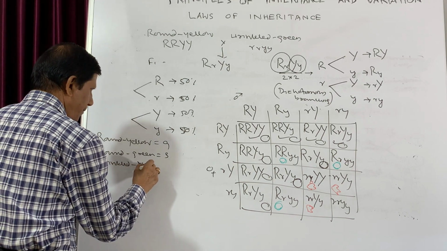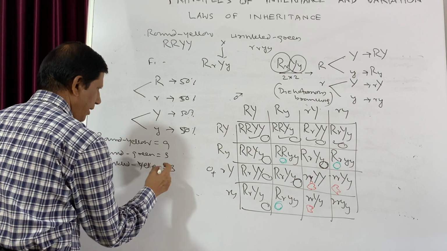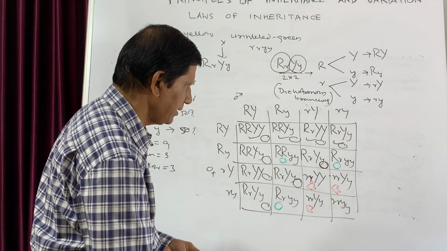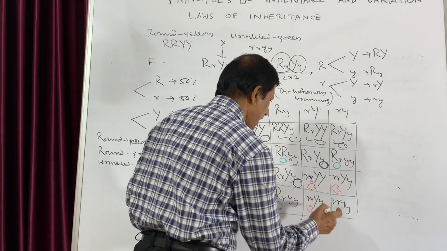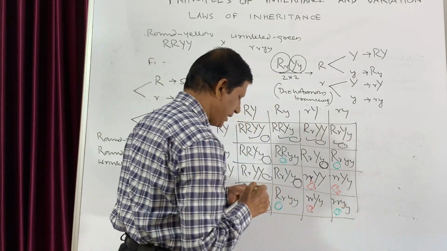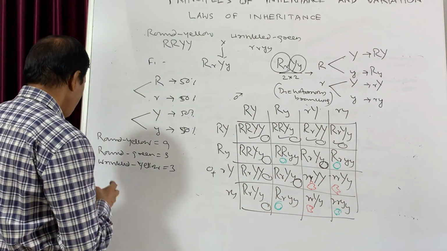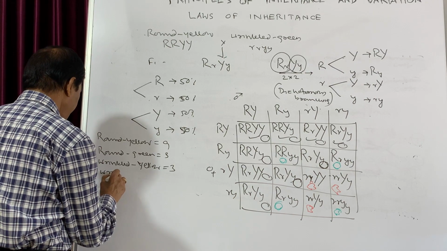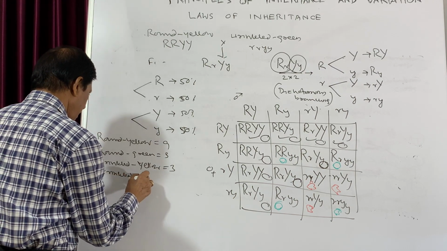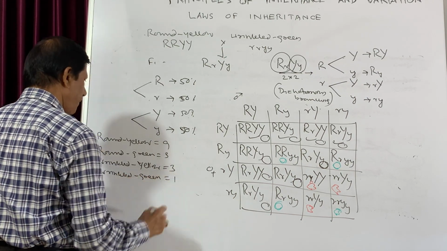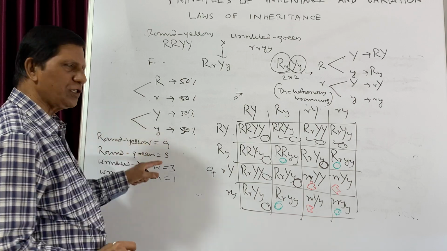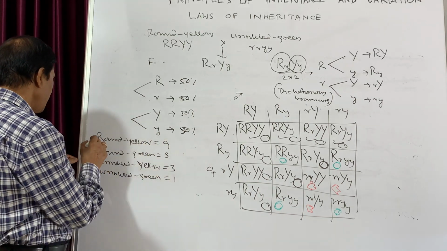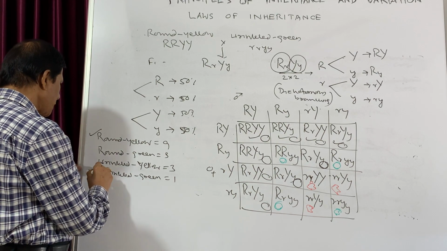Wrinkled yellow 3, and the last one is wrinkled and green, 1.